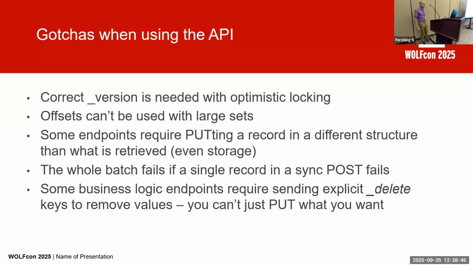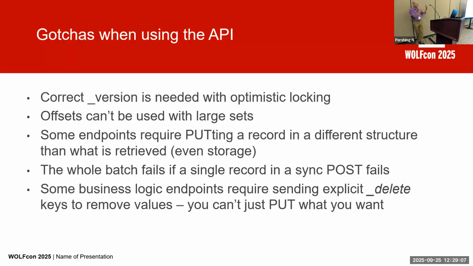This last point on the slide. There are some types of records, like in ERM, I think organizations is like that, where what looks like a record is really a compound object that contains a bunch of other things. When you want to replace it, you cannot just put the data you want and have it remember it.